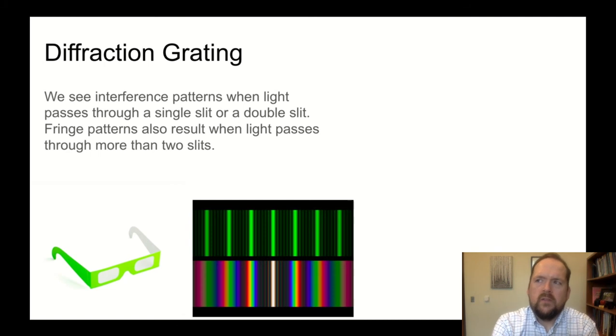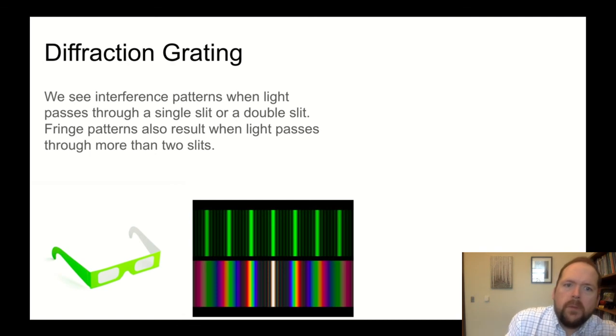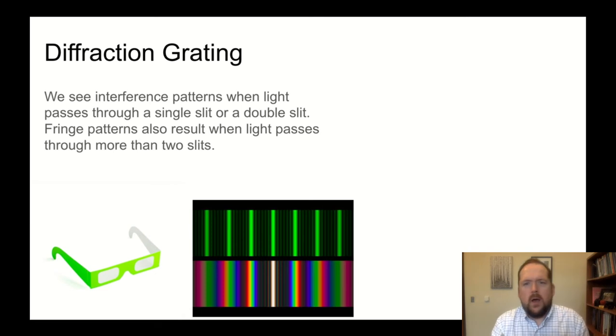So that's single slit diffraction, but you also have diffraction gratings, which is a broad term used for light that passes through a whole series of slits in a material. Now, if you've ever put on one of these pairs of glasses, I happen to have one sitting on the desk here, at some sort of science show or whatever, you've actually experienced a diffraction grating, because looking through these, you see the effects of light passing through a whole bunch of narrow slits.